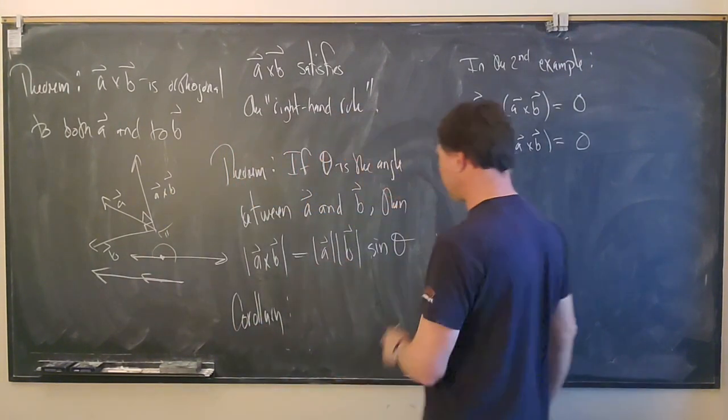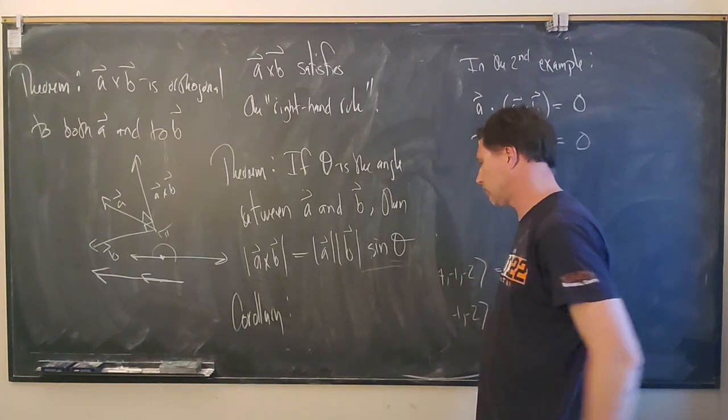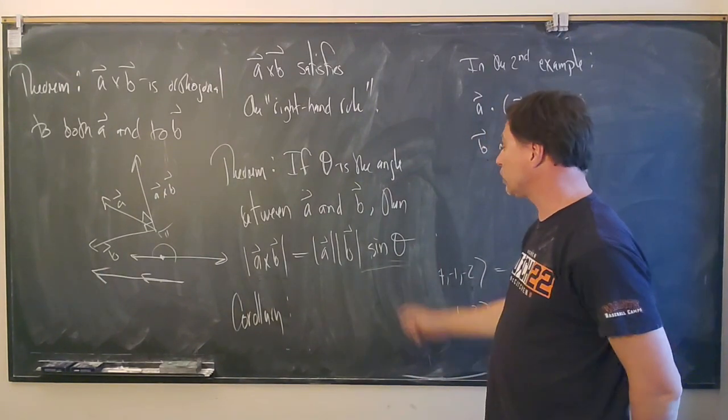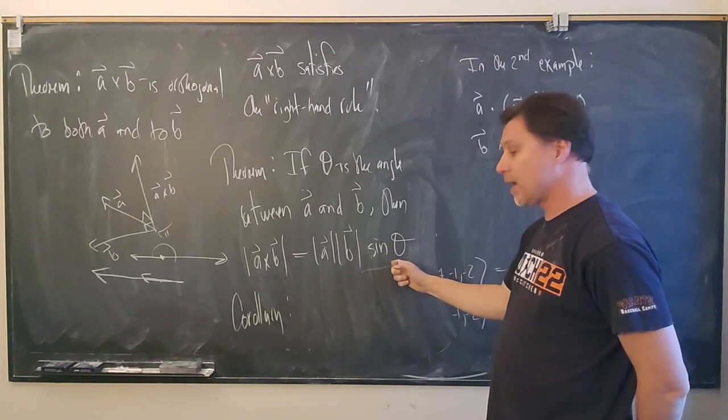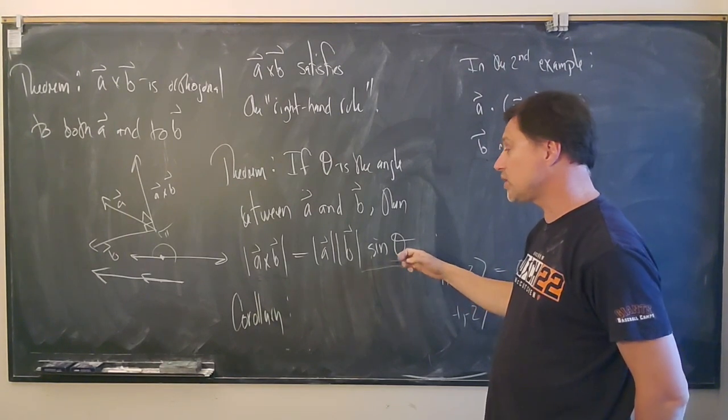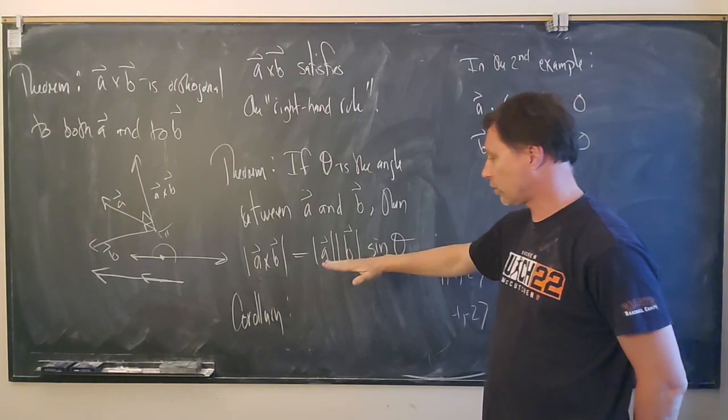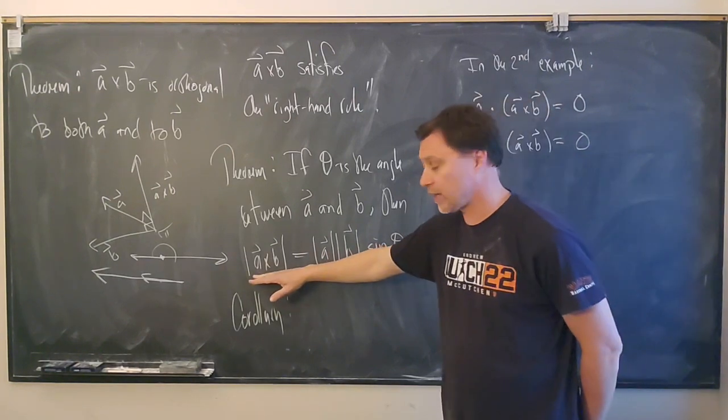And notice, if we come back to this equation right here, when theta is equal to either 0 or pi, sine of theta is equal to 0, which means the right-hand side is equal to 0, which means the left-hand side is equal to 0.